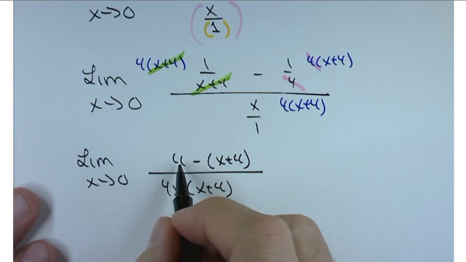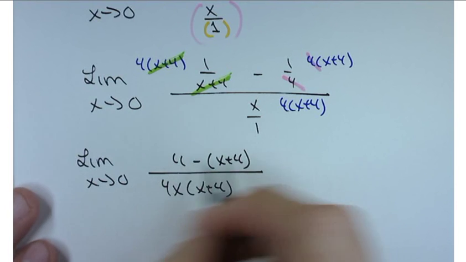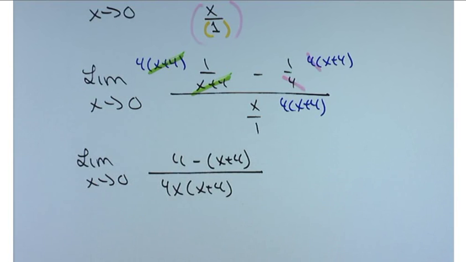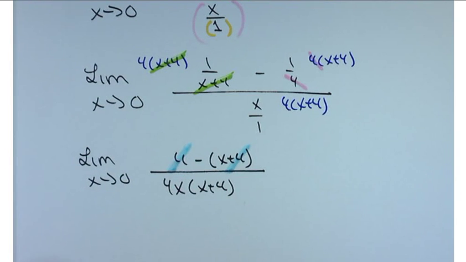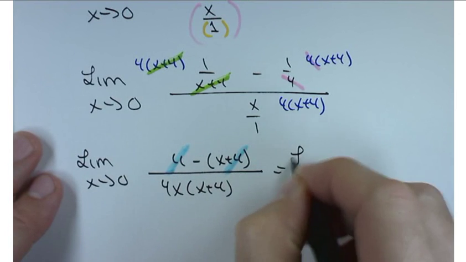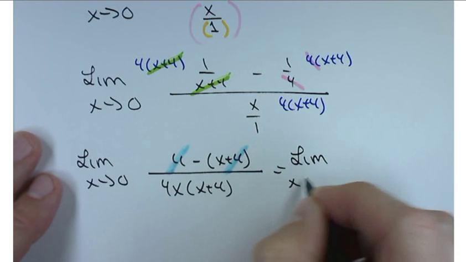If you distribute the negative to both of these terms, we're going to get yet some more cancellation. The 4s are going to cancel out. What's left in this fraction? Yeah, just a negative x.